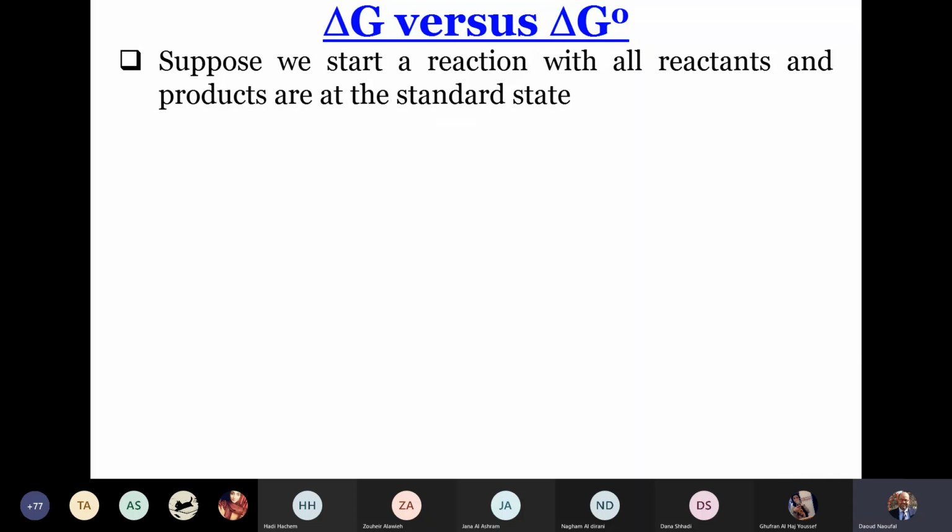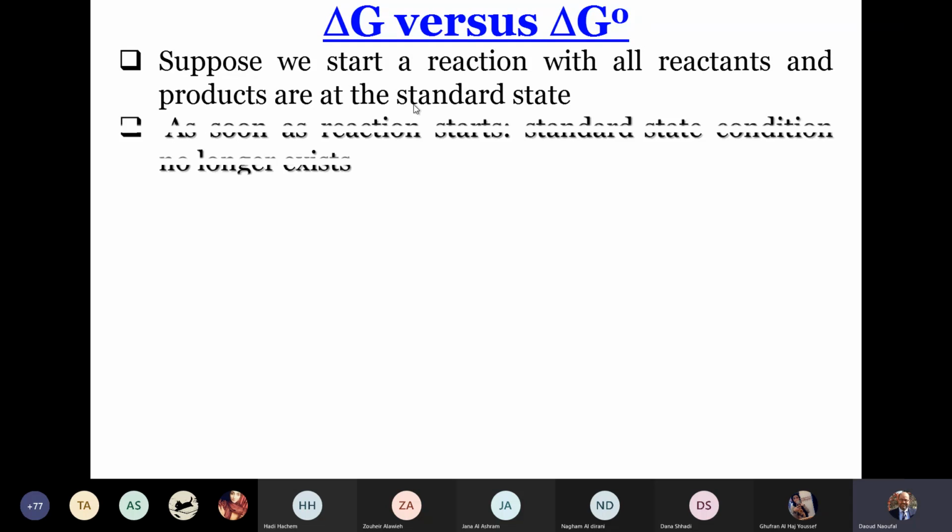So we can say that this reaction at the starting is at the standard state. As soon as the reaction starts, the concentration of the reactants will decrease and those of the products will increase, so we will lose the standard state conditions. And if we lose the standard state conditions, we cannot write delta G0, we have to write delta G.